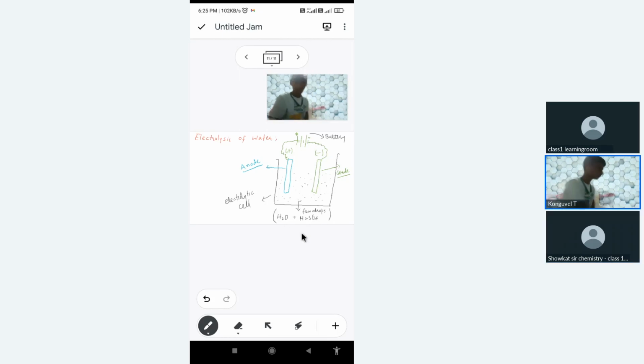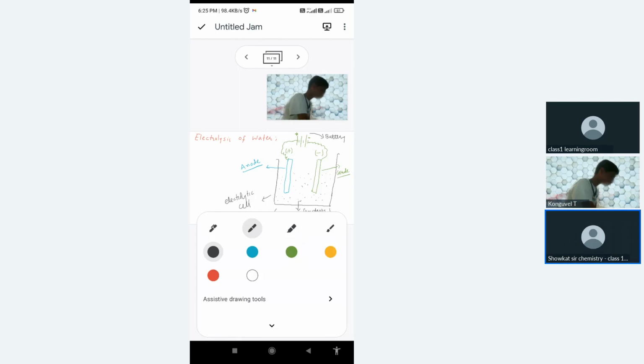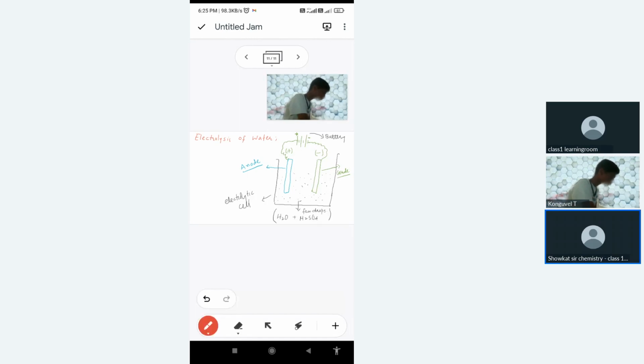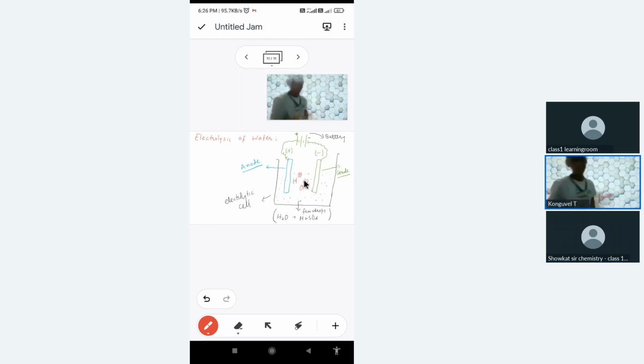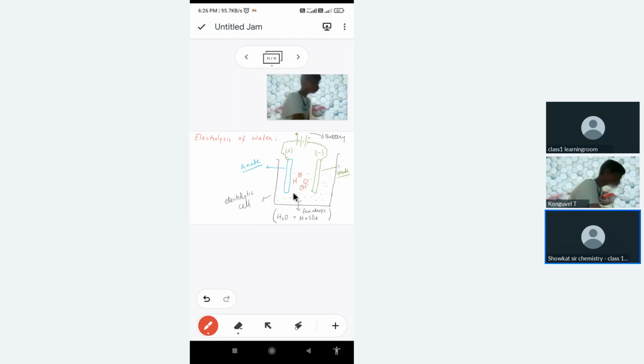Yes. Now, when you pass the electricity, what happens? This water gets decomposed. It forms H positive ion and it gives you OH negative ion, right? Now, can you tell me where these H positive ions will go and where these OH negative ions will go?